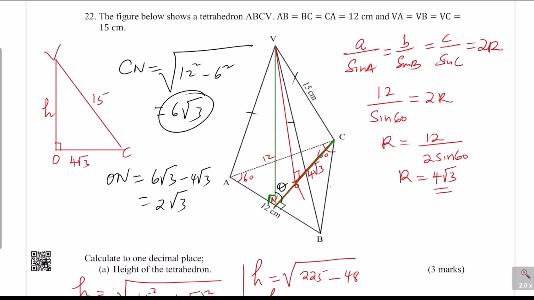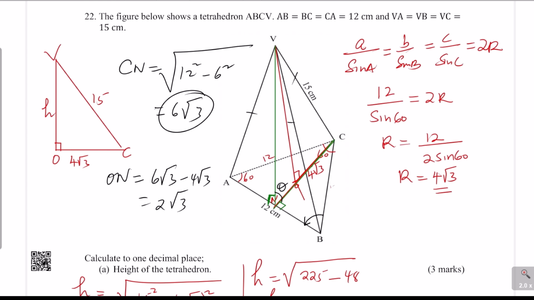So the angle between VAB and VBC is this particular angle here. Very easy to identify. It is this angle that is here. That angle is the angle between those two planes, VAB and VBC.